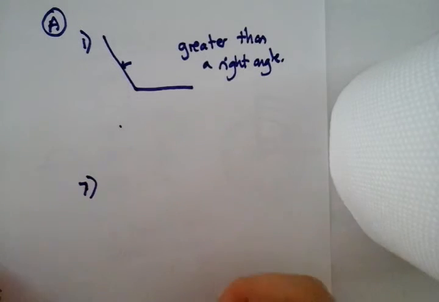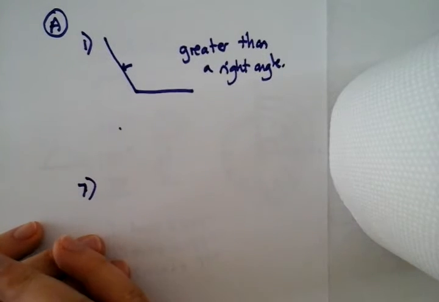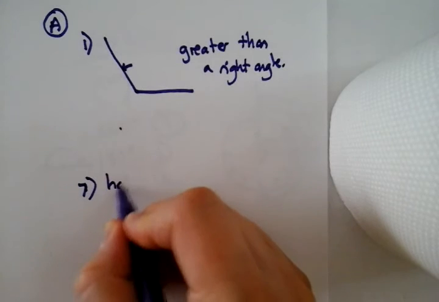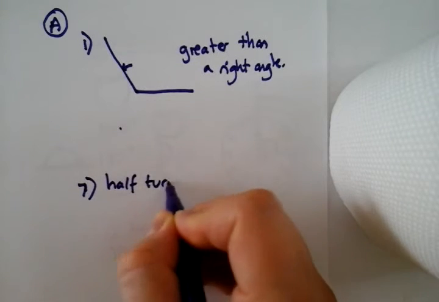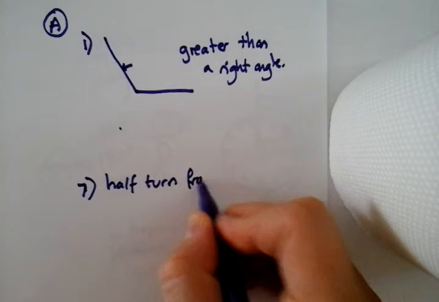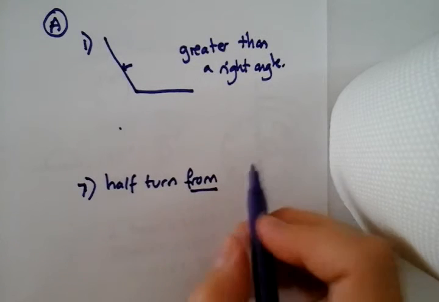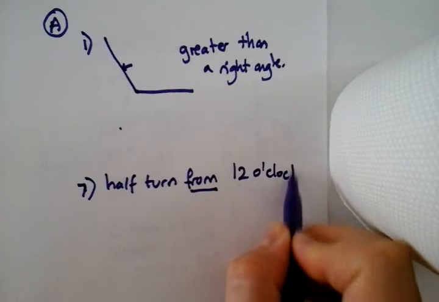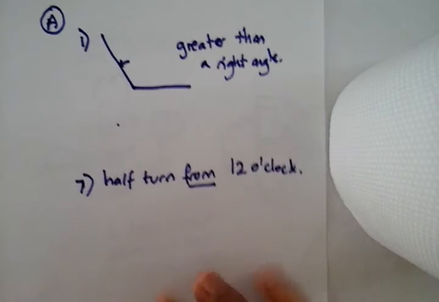So let's carry on. Let's do question 7. Find the new time if the hour hand turns a half turn from 12 o'clock. So let's draw a clock.